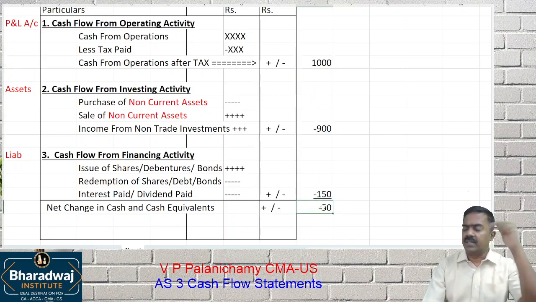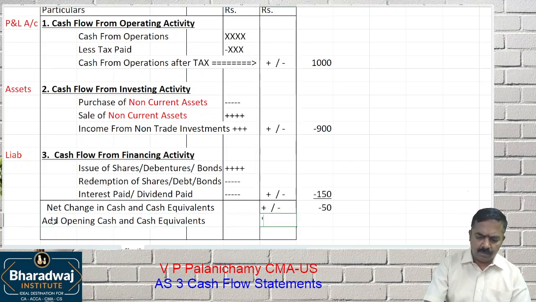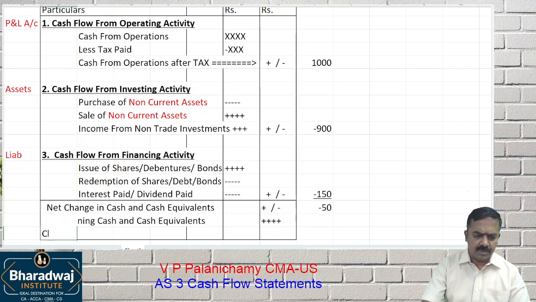Minus 50, it would have decreased. From opening balance to closing balance, it would have decreased. With this, if you add opening cash and cash equivalents, nothing but cash and bank balance, you will get the closing cash and cash equivalents.